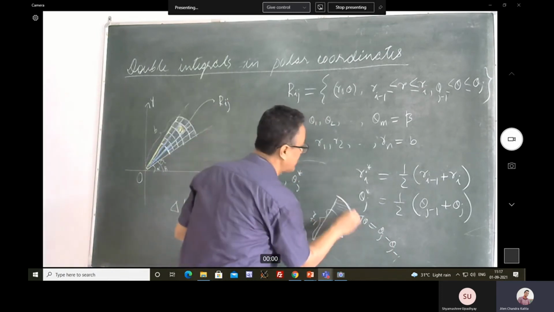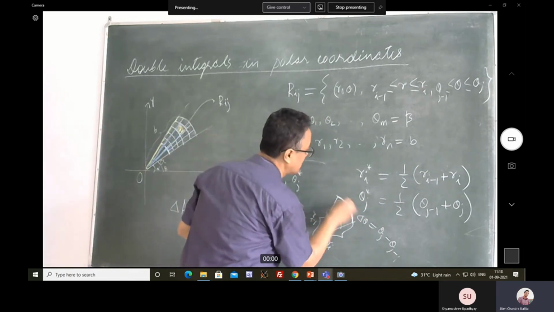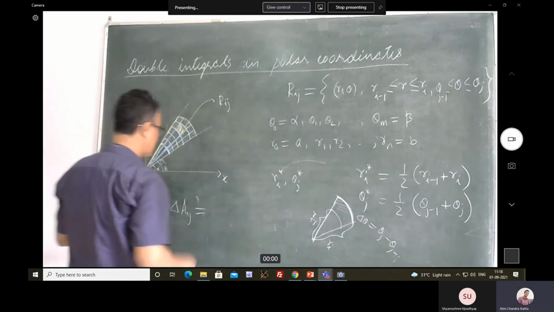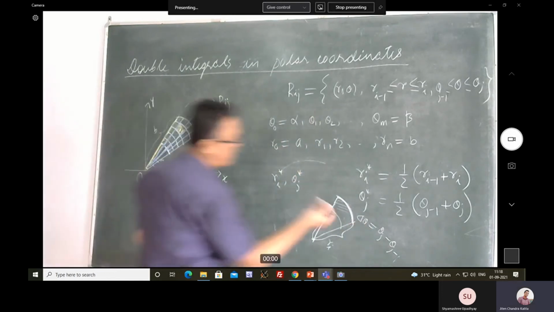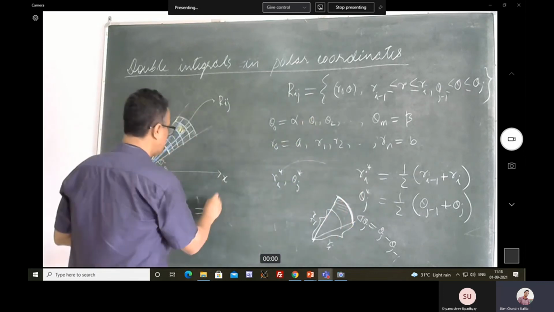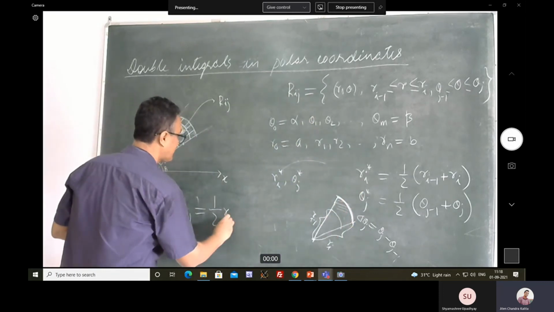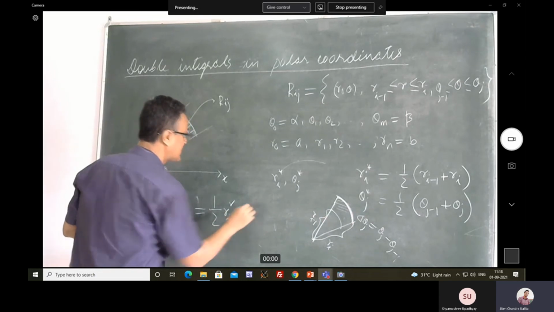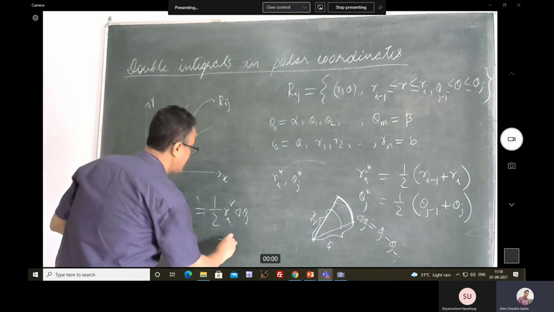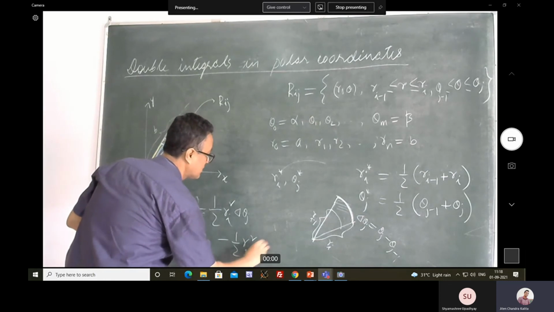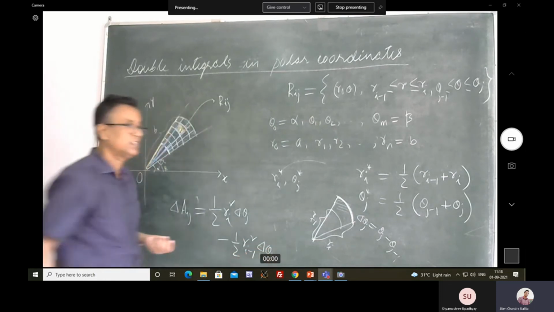So if I call this angle delta theta, or maybe I can call it delta theta j, this is simply going to be half ri square delta theta j minus half ri minus 1 square delta theta j, isn't it?